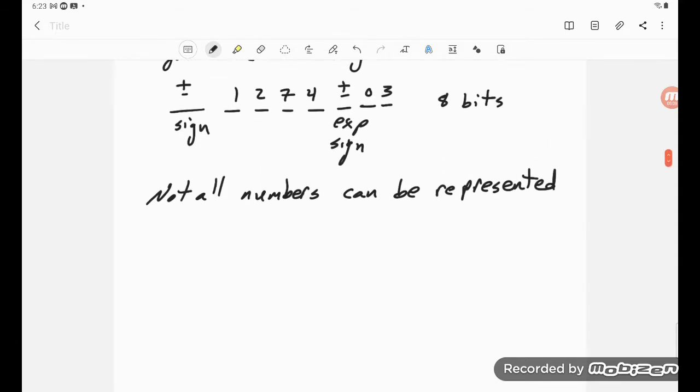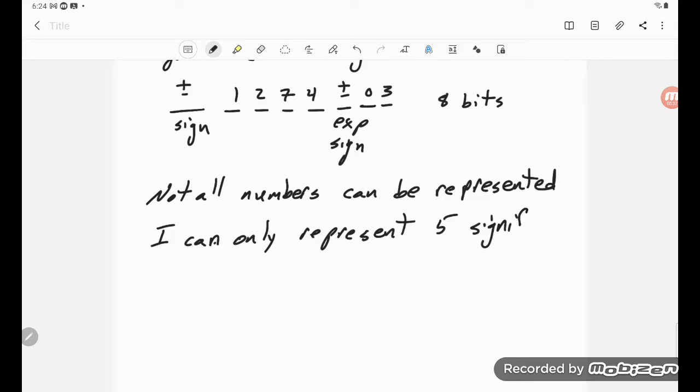But what if I need five digits, right? I can't represent that. So I can only represent 5 significant digits.